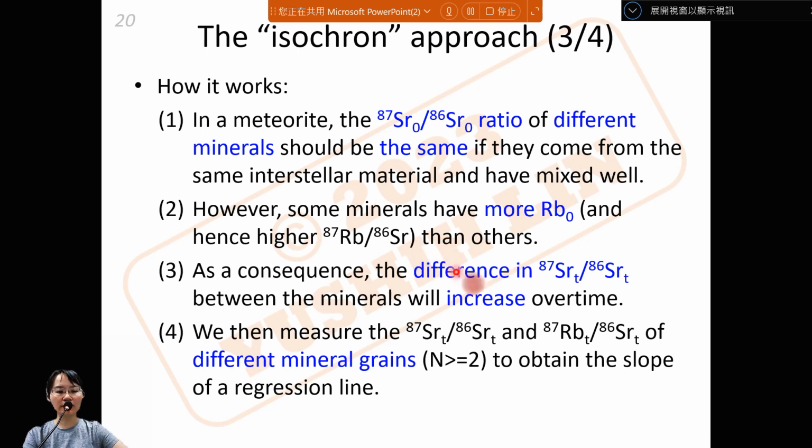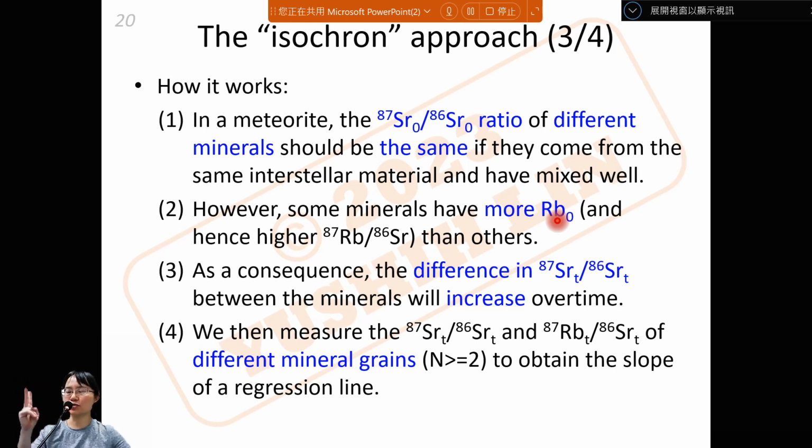As a consequence, the difference in strontium 87 to 86 ratio will increase over time, because strontium 86 is stable and will not be produced by another radioactive isotope, but strontium 87 will be produced by rubidium 87, so it will increase over time. And the key point for the isochron approach is, as your assignment shows you, you need to find at least 2 different minerals.